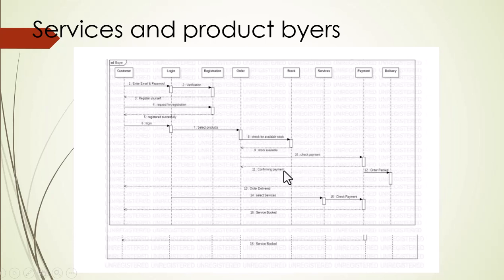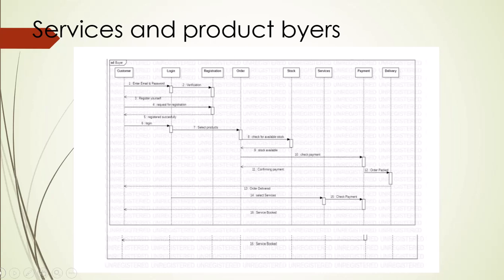So the service will be checked if the service exists, or the product will be verified if there is sufficient quantity in the stock. So the services and stock will be issued, and then this is the payment. So all the step by step sequence actions can be seen in a sequence diagram here.